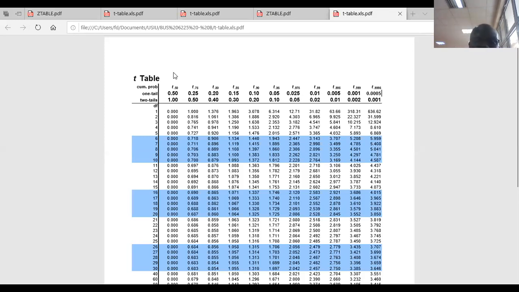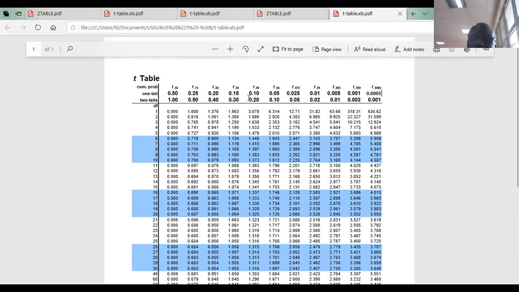So you look at this lower row here, if you're looking at confidence intervals. So two tail 0.2 means 0.1 on one side, 0.1 on the other side.